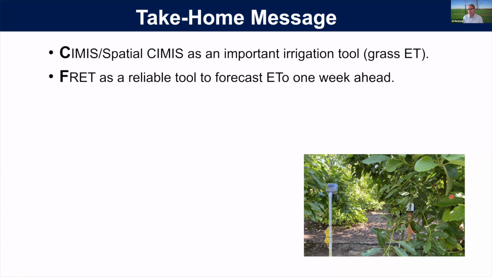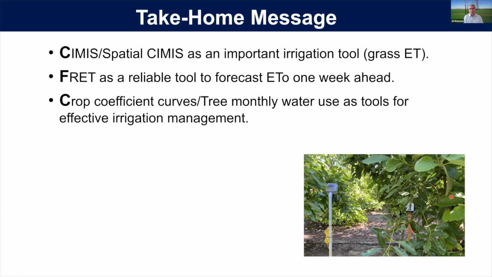FRET is also a reliable tool for forecasting grass ET for the next week, 1 week ahead of your irrigation schedule. The crop coefficient curves we developed and the monthly water use we developed for different locations are also good, effective irrigation management tools.